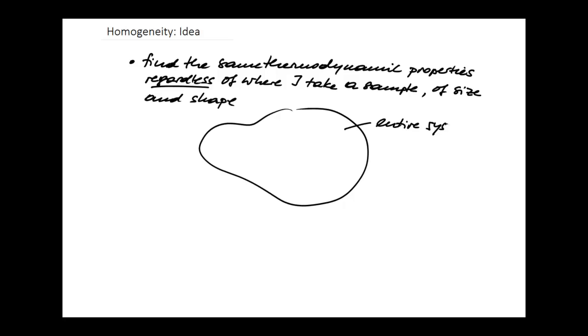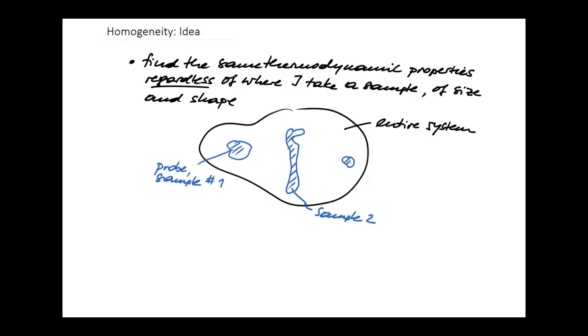As I said, this might be the air in this room, and then I might take a probe here, probe or sample number 1, and I might take another sample here with a very funny shape. Let's say this is sample number 2, and here I might have a tiny sample number 3. Whatever sample I take and where I take it, I will find the same thermodynamic properties.